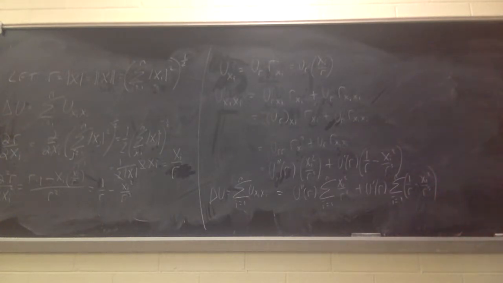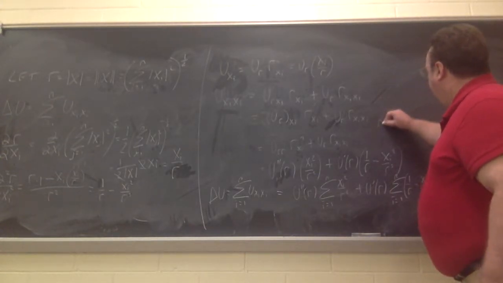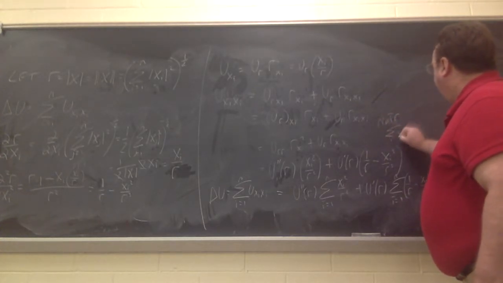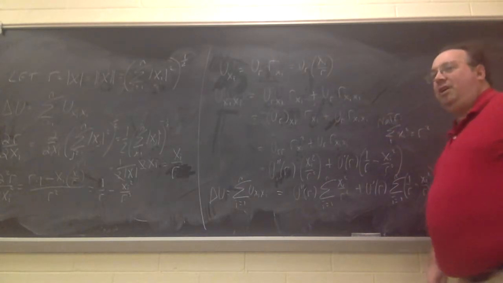All right. Now, things are about to get simpler, believe it or not. I sense your skepticism. Because the sum of all the xi squareds is r squared.